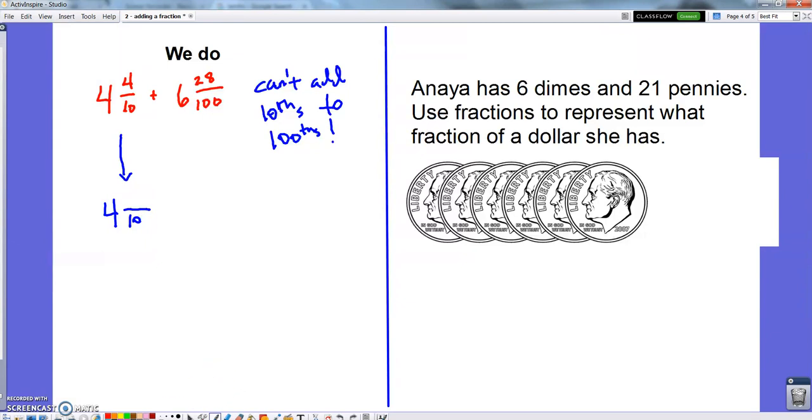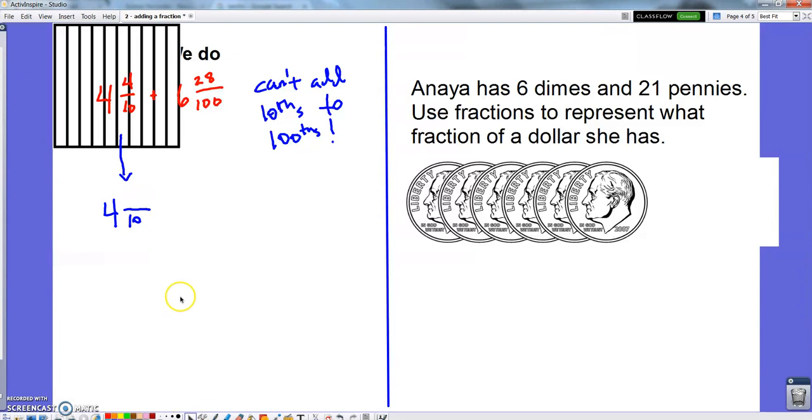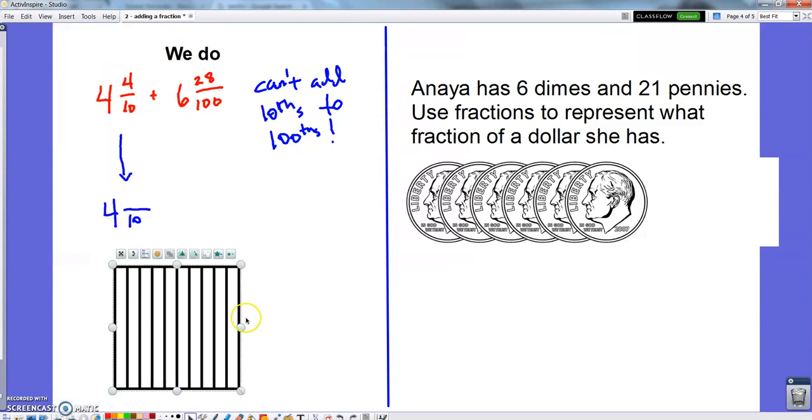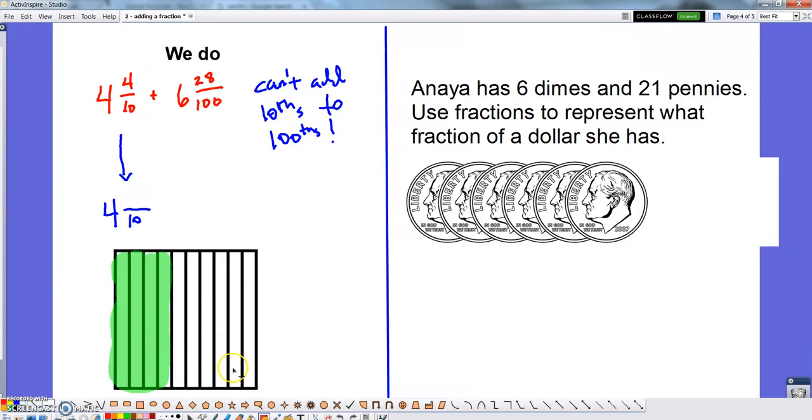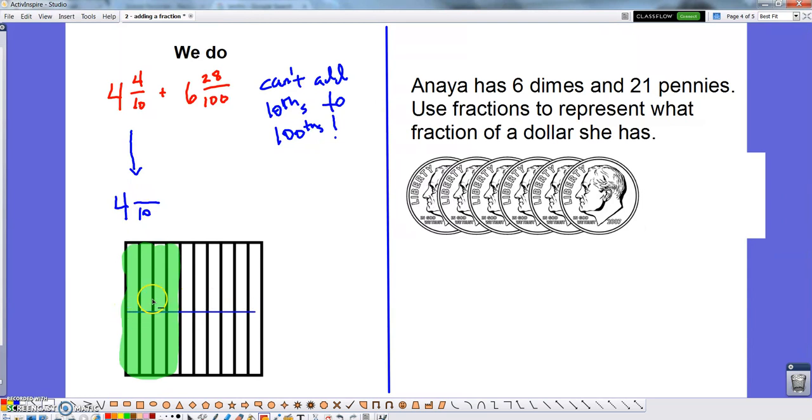So I will bring in a hundredths chart here. Here's my tenths. And I'm using 4/10. 1, 2, 3, 4. And do my partitions real quick here. 1 middle. 1, 2, 3, 4, 5.